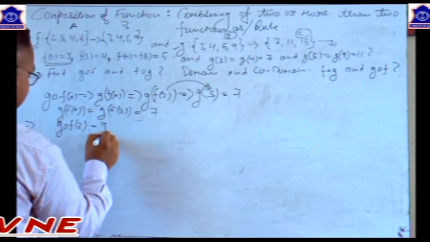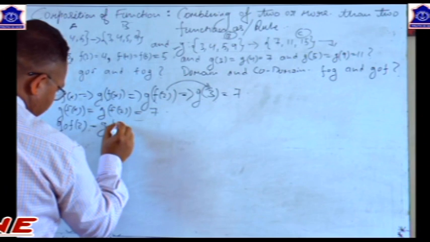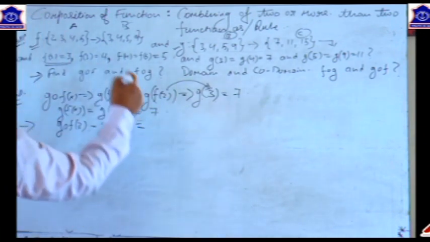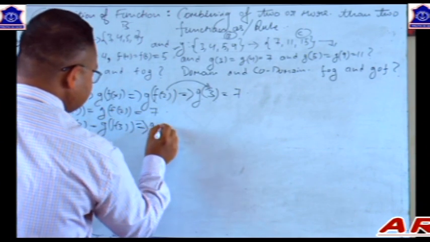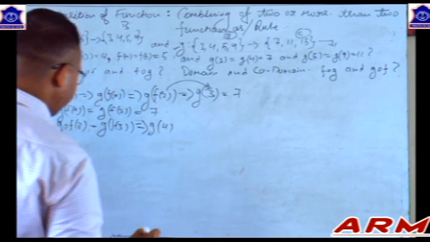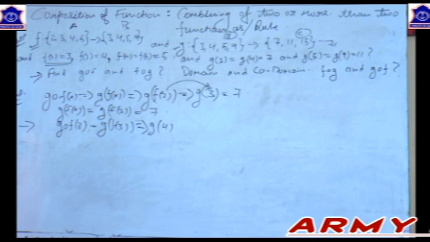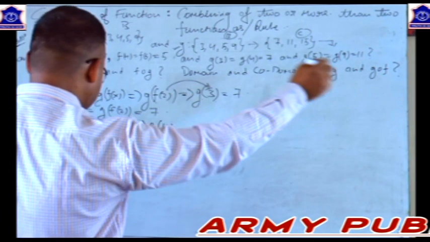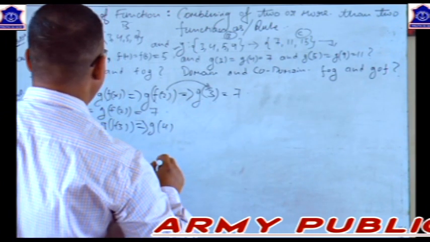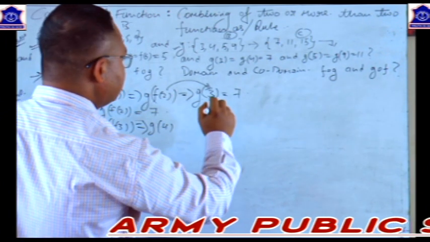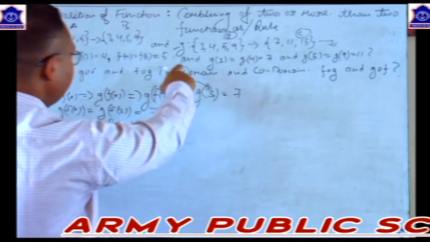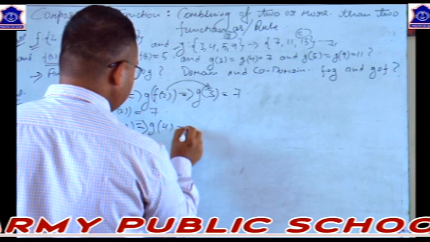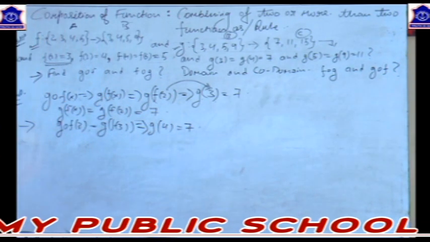g of f3 is g of 4, since the value of f3 is 4, and the value of g4 is 7. So the value of g4 is 7.